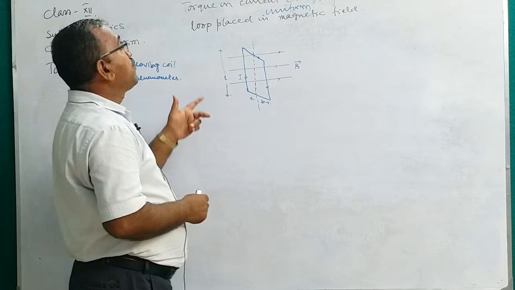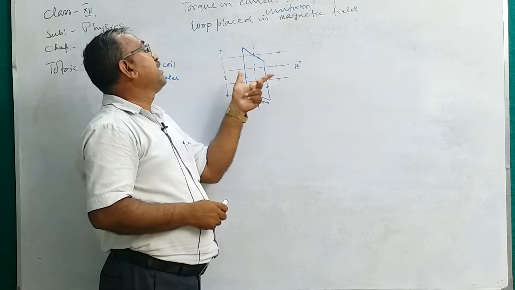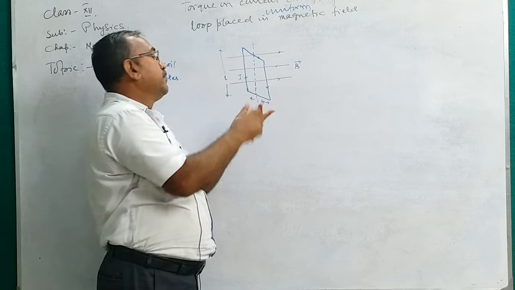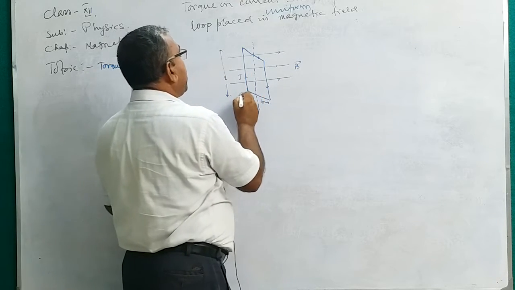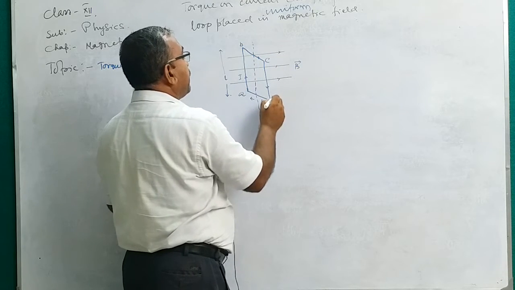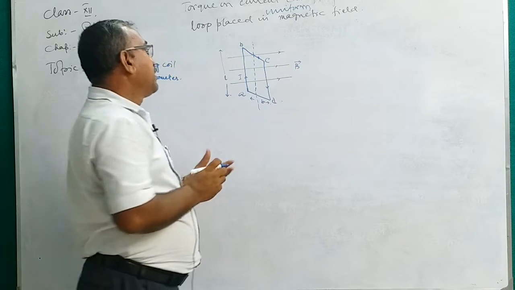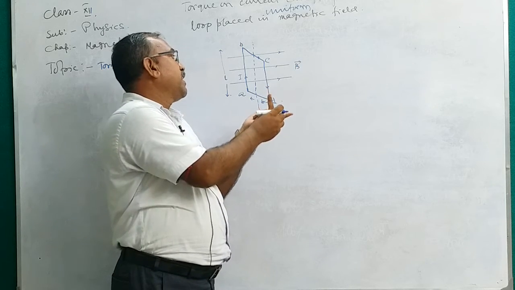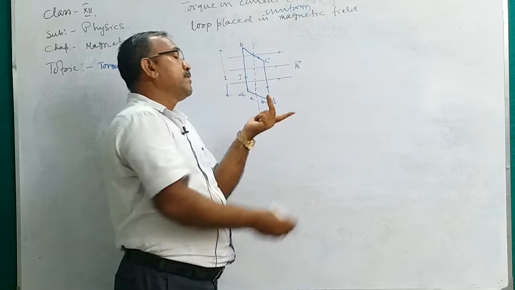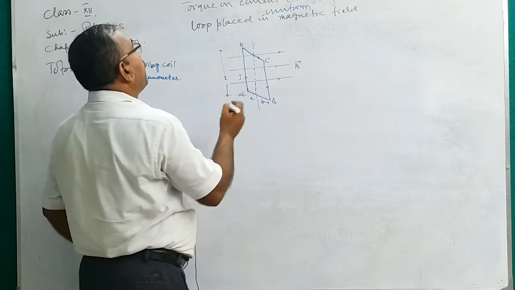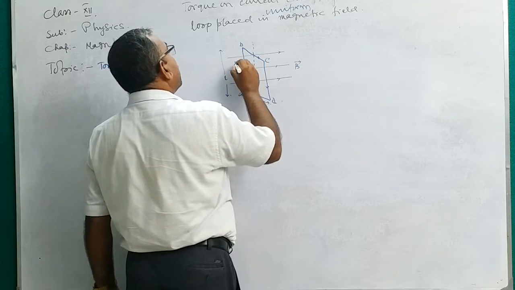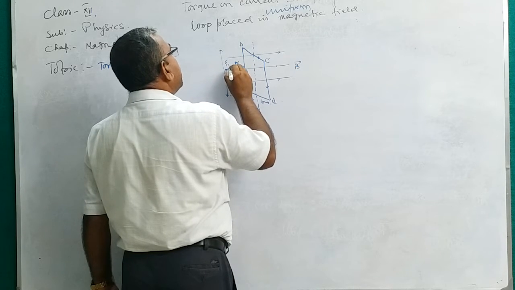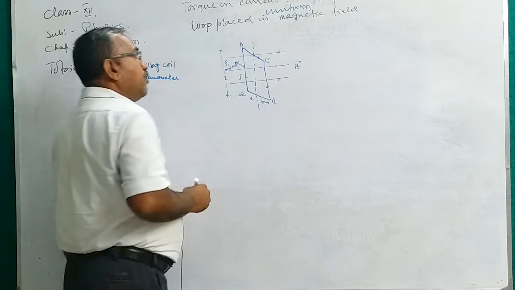Suppose you consider the loop is ABCD. On side AB, the direction of the current is upward and the field is this, so the direction of the force is inward. Suppose this is inward to the board.